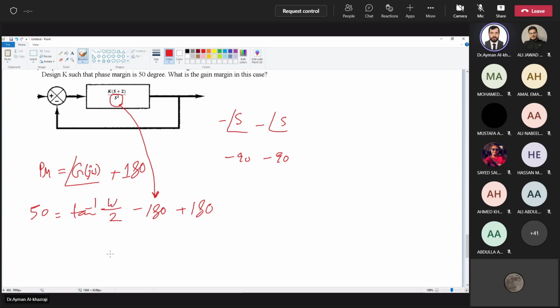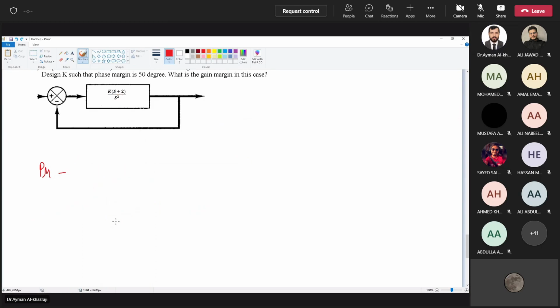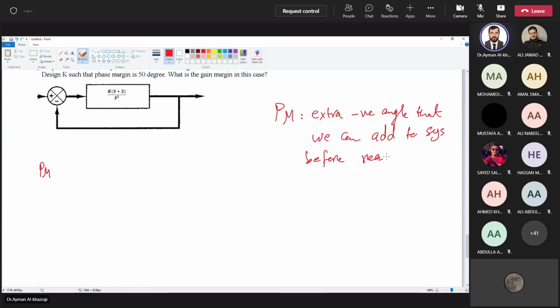I will find the angle, but the requirement is the phase margin. Listen. One thing. What does phase margin mean, the definition of phase margin? Phase margin is the extra negative angle that we can add to the system before reaching minus 180, or before getting unstable.